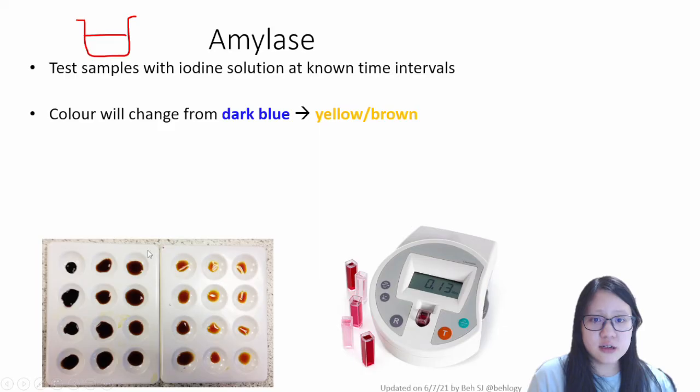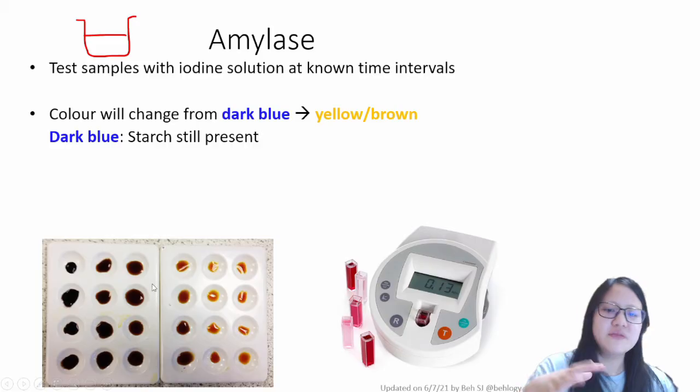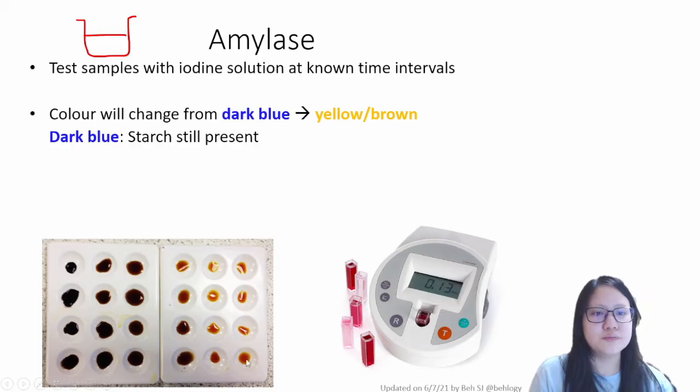The color would change from yellow to dark blue, telling you that there is a high concentration of starch at first. But over time, as you test every single minute, you realize that that dark blue color becomes a dark brown, and then later on a dark yellow, and then yellow.